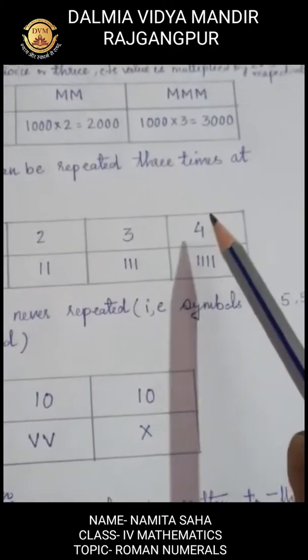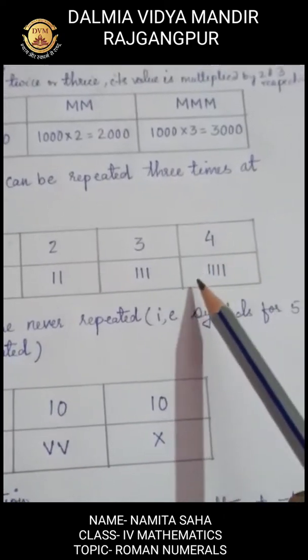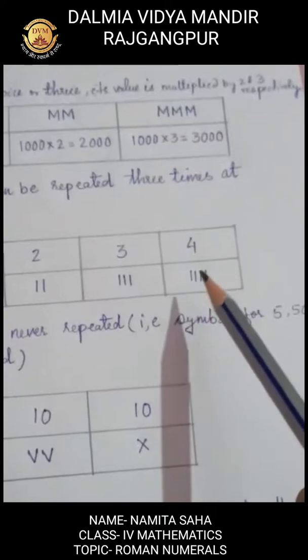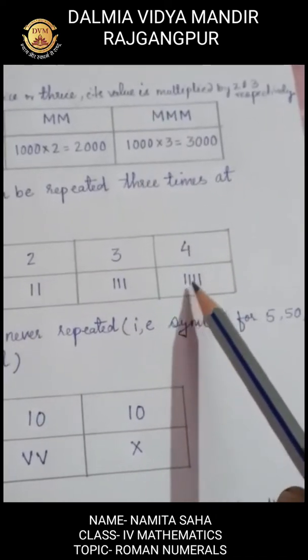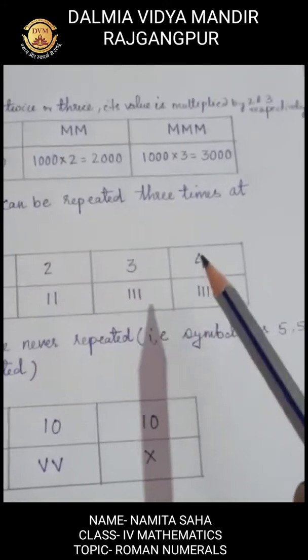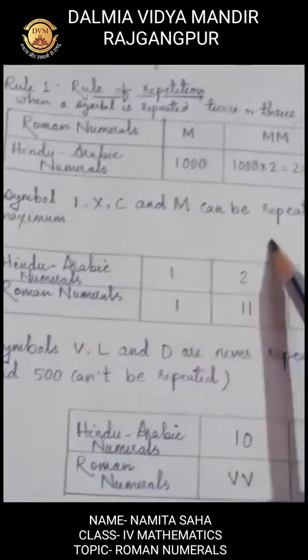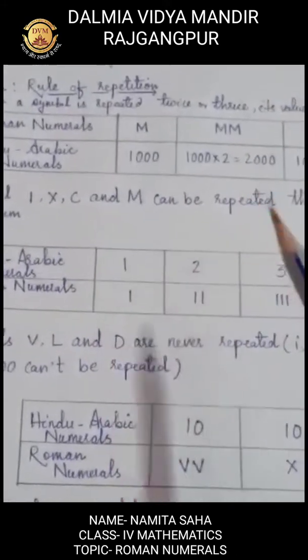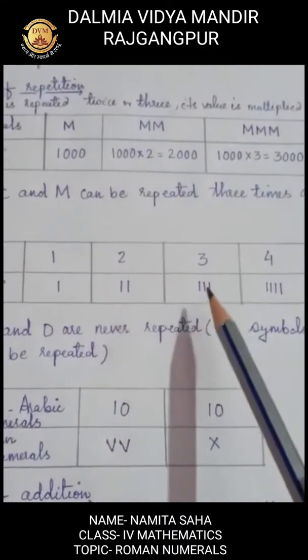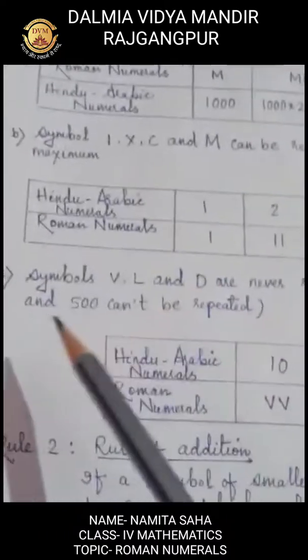But here you can see 4 cannot be written as IIII because the symbol I is repeated 4 times here and it is not as per the rule. So I will be repeated only a maximum of 3 times.